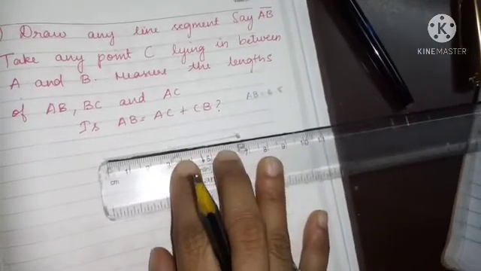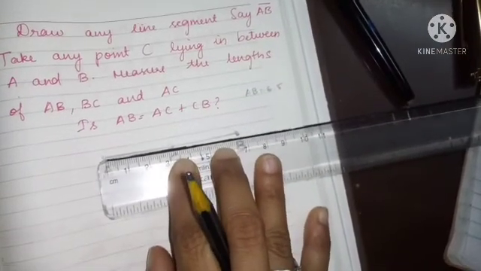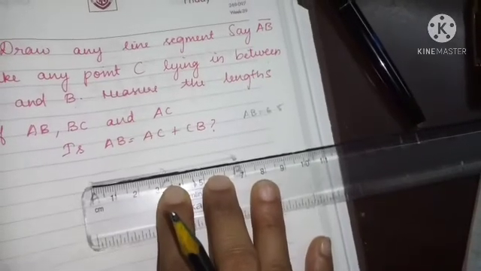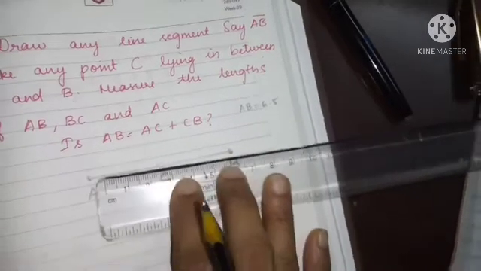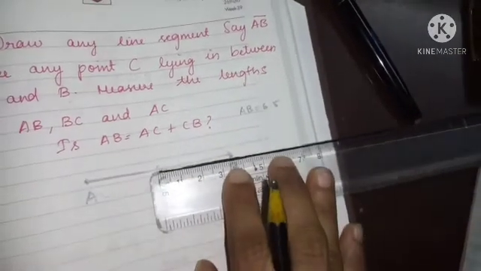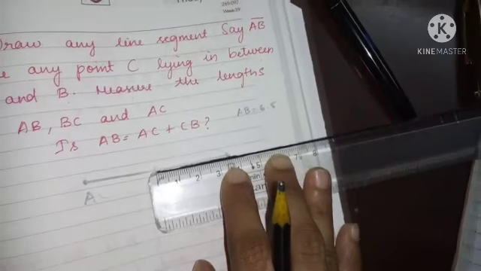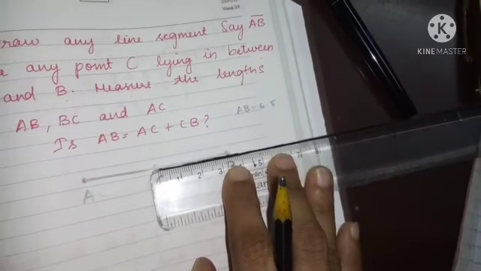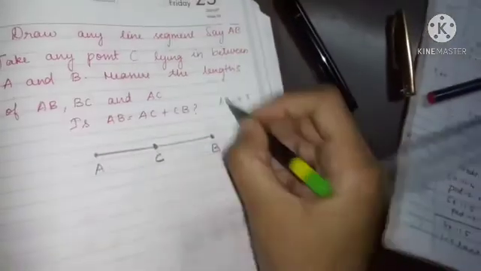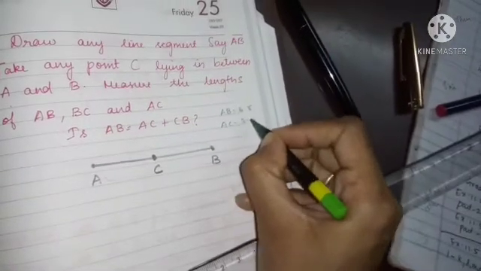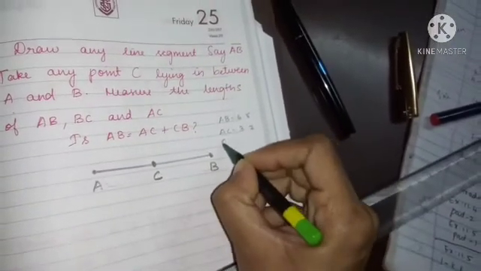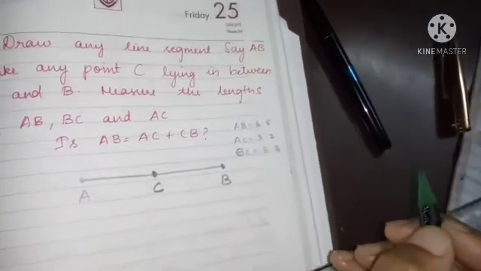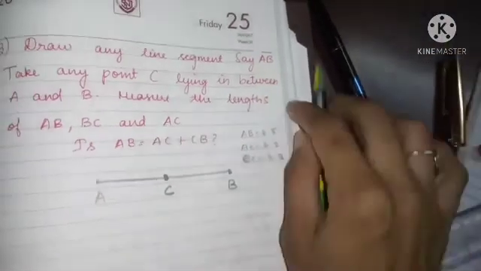Now AC is 3.2, and BC is 3.3. Yes, I have noted it down here.